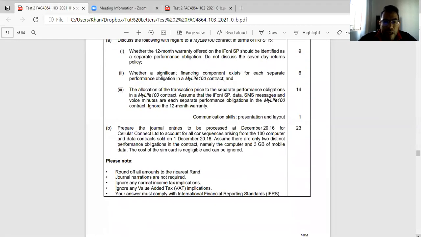They say, prepare the journal entries to be processed at December 2016 for Cellular Connect to account for all consequences arising from the 100 computers and data contracts sold on 1 December 2016. Assume there are only two distinct performance obligations in the contract, namely the computer and the 3 gig of mobile data. The cost of the SIM card is negligible and can be ignored.